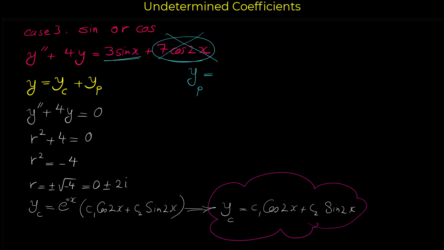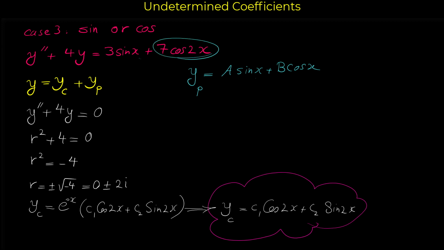So because we have a trig function sine of x here, the form of the particular solution is a sine of x plus b cosine of x. Note that it doesn't matter that here we have only sine of x. Whenever you have sine or cosine of an angle, you have to put both of them, both sine and cosine, in the form of the particular solution. And a and b here are the unknowns. Note that here we want to solve the differential equation with undetermined coefficients. So we have a and b as unknowns.